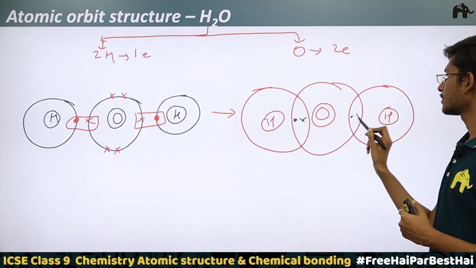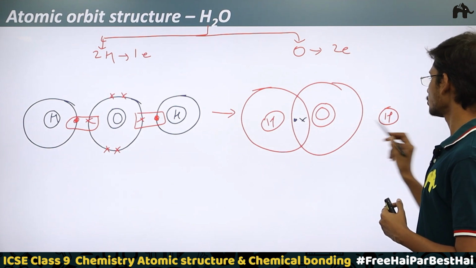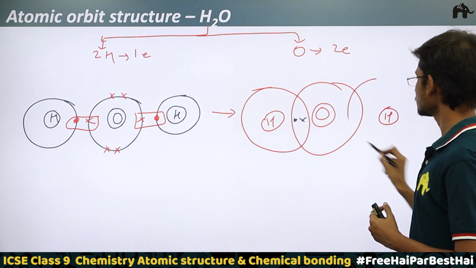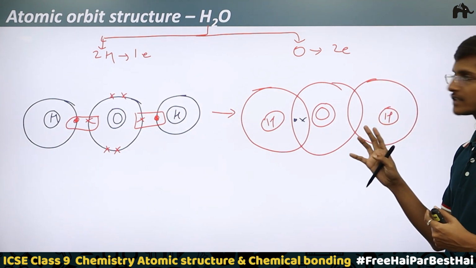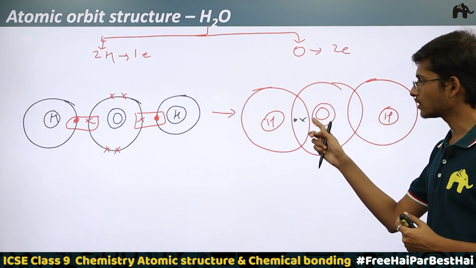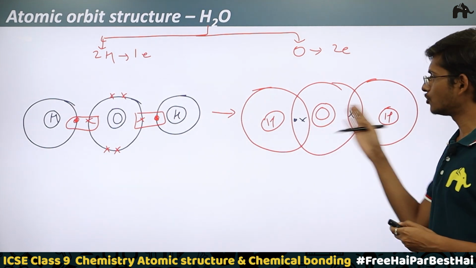Just pay attention to this thing. While drawing the diagram, don't show the electrons in the opposite scenario. The oxygen's electrons are crosses, so they should be close to the oxygen only. So don't do this.